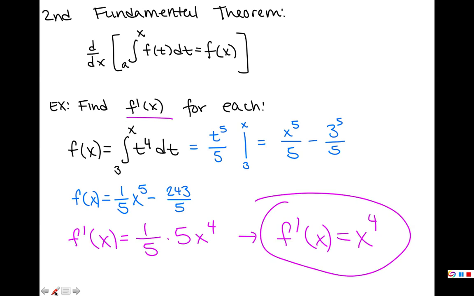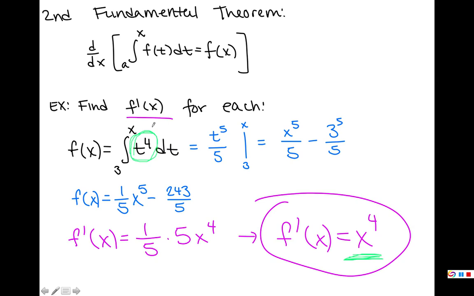And so the thing to notice here is we took the derivative of an antiderivative and we got what we started with. So notice we started with this t to the 4th, and our answer is x to the 4th. That's not a coincidence, because when you integrate and then take the derivative, you're doing inverse operations.